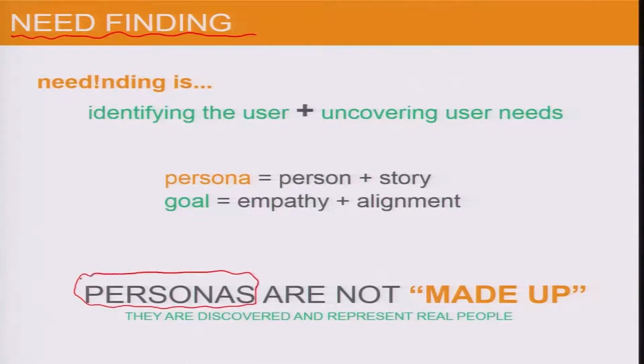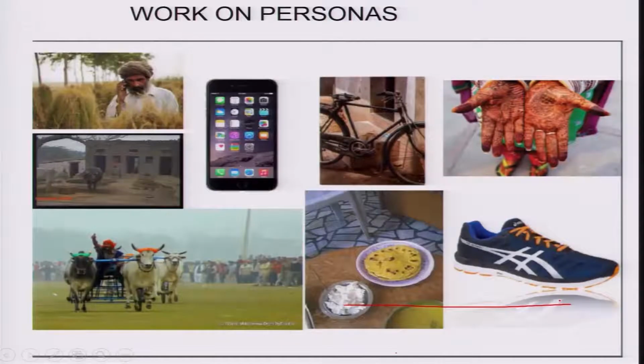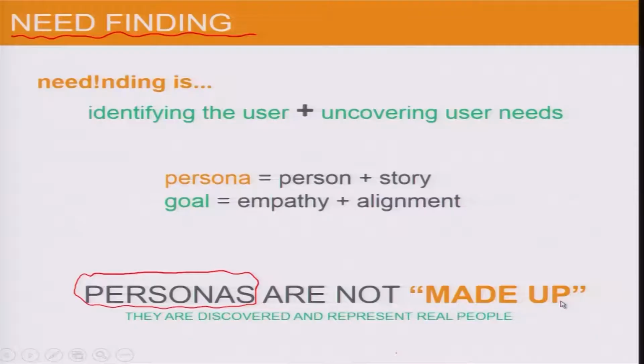Personas are actually not made up, they are real people, and they are people who exist in a certain situation. They are discovered because of the situation that they are in, and then you have to think about that person and think about a story because of which this person exists.